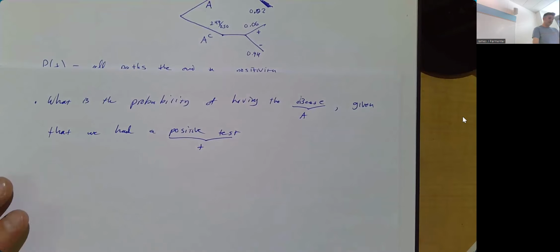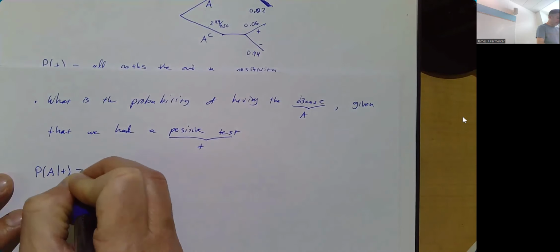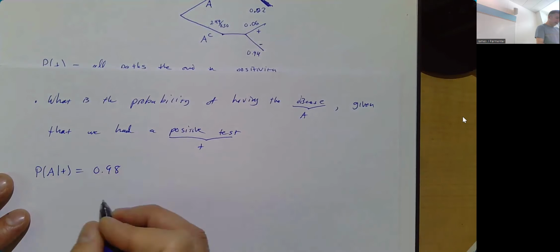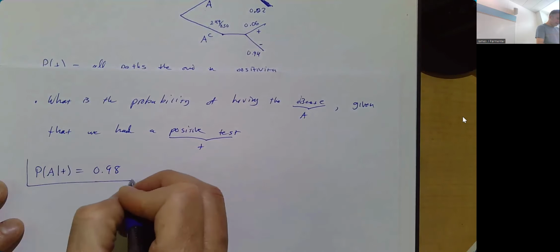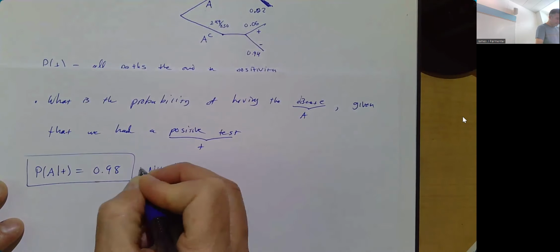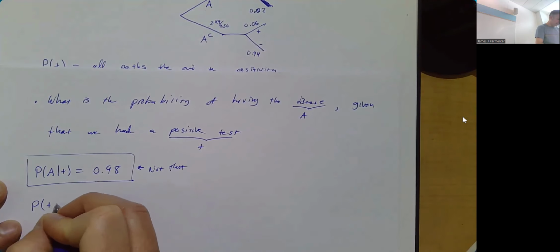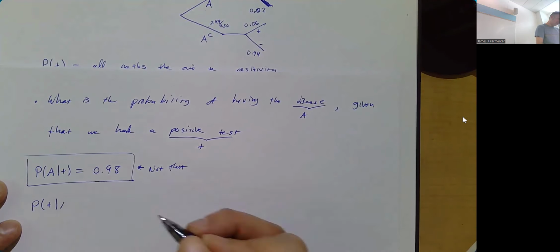So instead of trying to find the probability of A given a positive test, which we were told was 0.98, that's not what we want, although we're going to use it. What we want is, we want the probability of a positive test given that, wait, did I say the wrong thing?